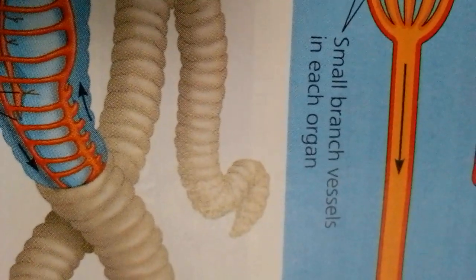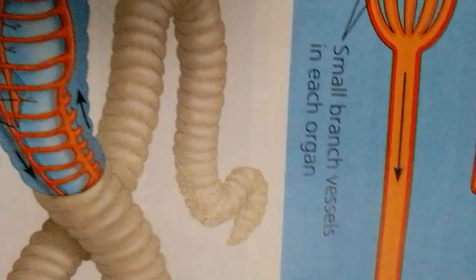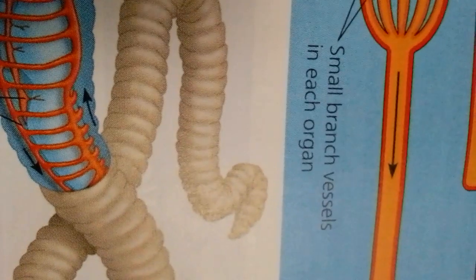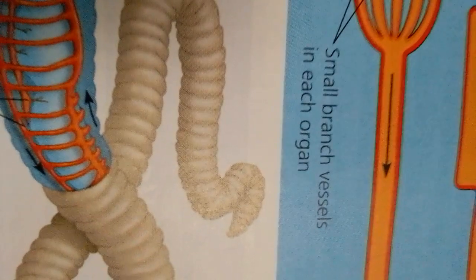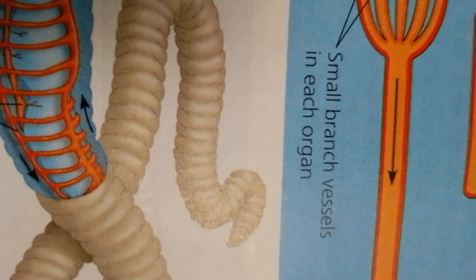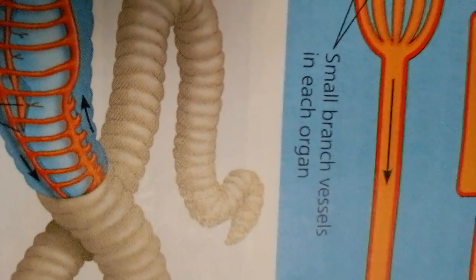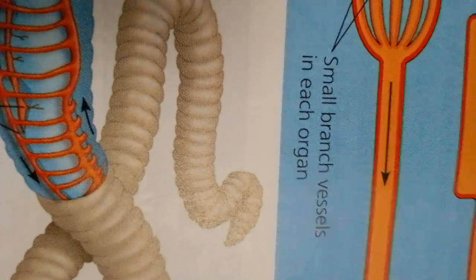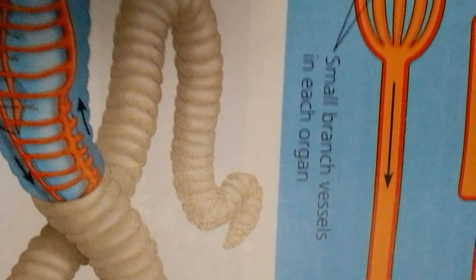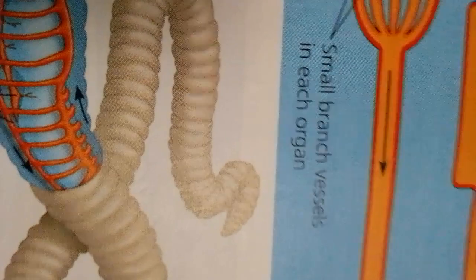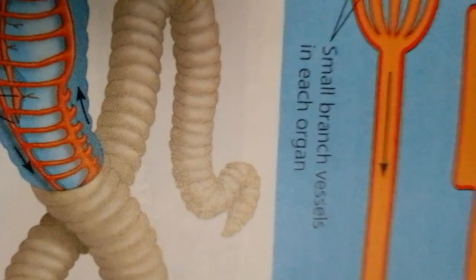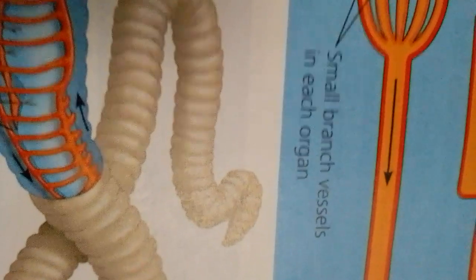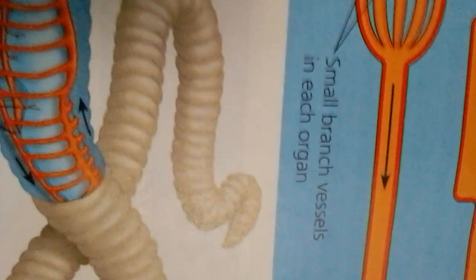Closed systems, with their higher blood pressure, are more effective at transporting circulatory fluids to meet the high metabolic demands of the tissues and cells of larger and more active animals. For instance, among the mollusks, only the large and active squids and octopuses have closed circulatory systems.